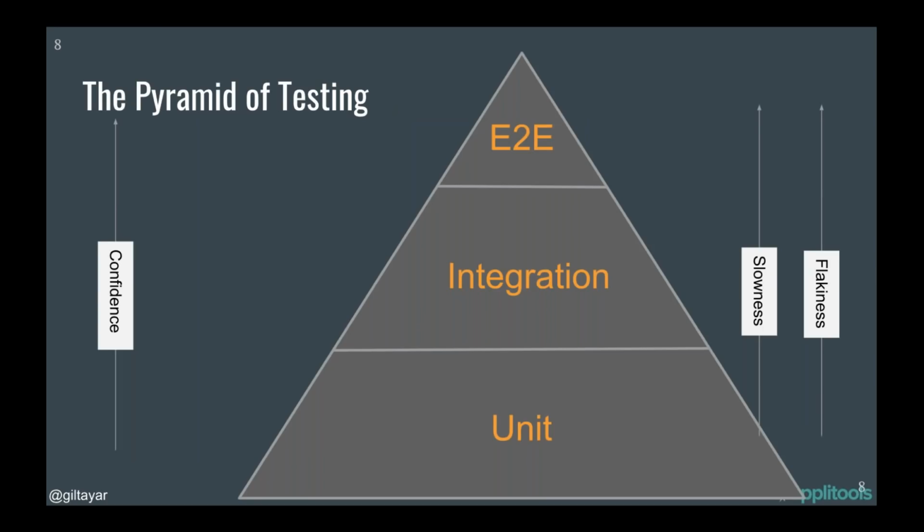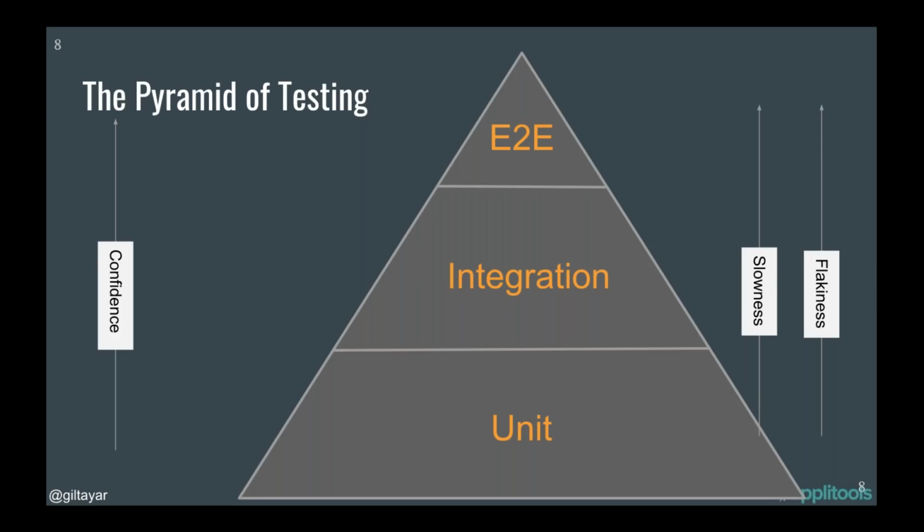The pyramid of testing emphasizes unit testing. To understand why, we need to understand what happens when we go up the pyramid or up the diamond. The higher we go, the more confidence we have in a test. An end-to-end test, if it runs and passes, tests the whole system, so I have a very big confidence in that system working. Unit tests, on the other hand, each test a little module or a little class.